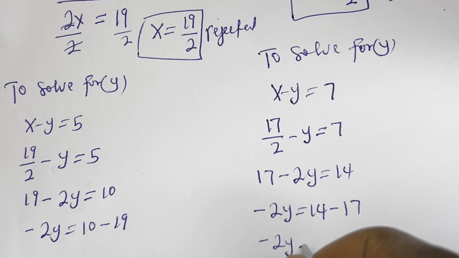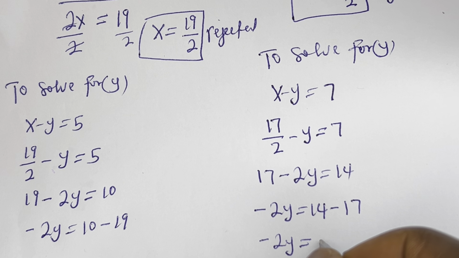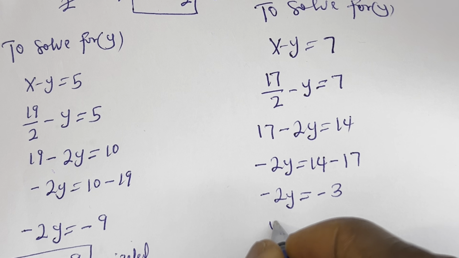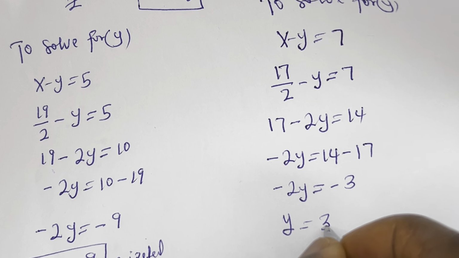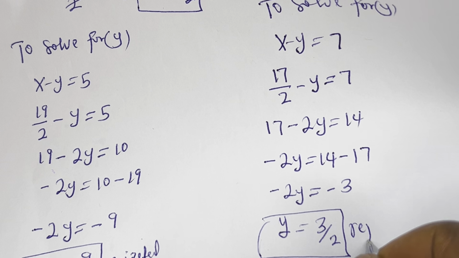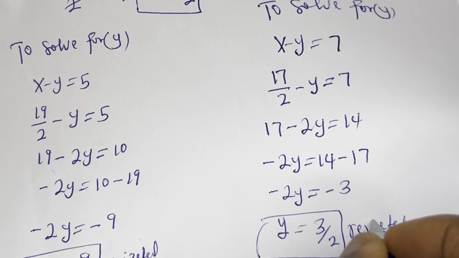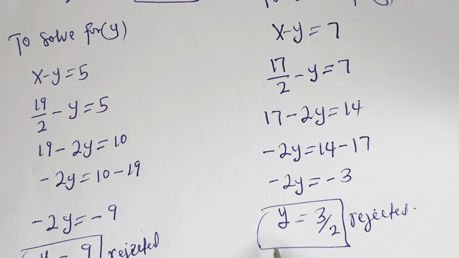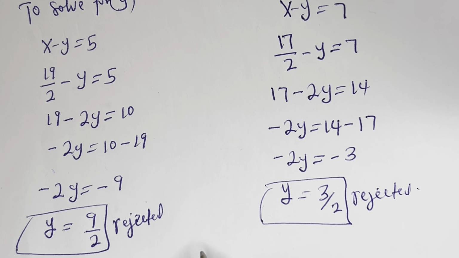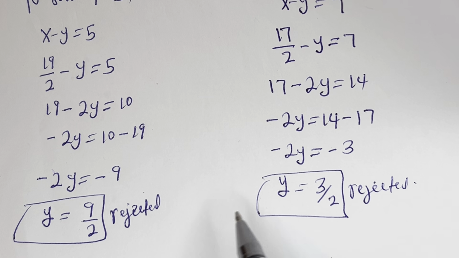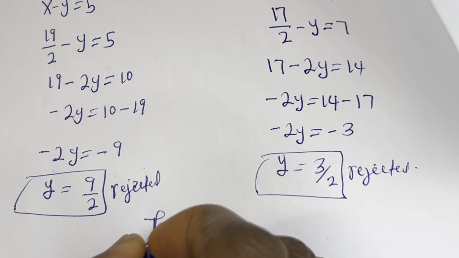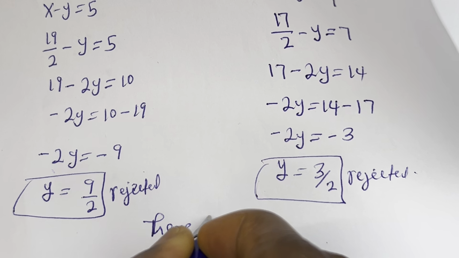Minus 2y is equal to minus 3. y is equal to 3 over 2. This is not a natural number. It is rejected. Then you can see that from all the solutions, they are non-natural numbers. So we don't have any natural numbers from all our solutions. We conclude that there is no solution.